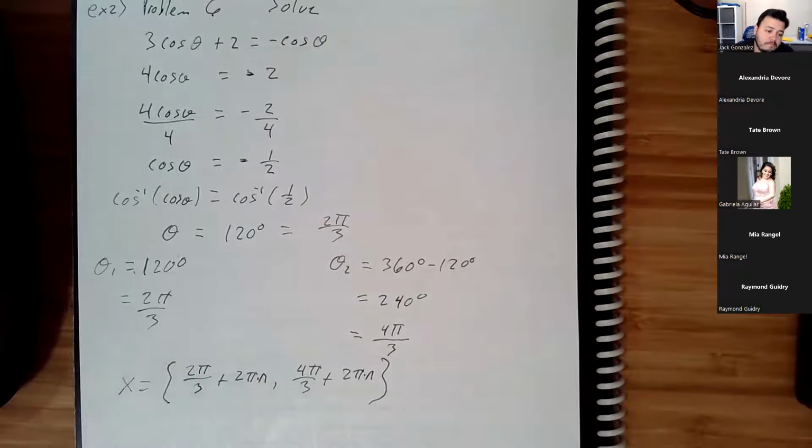Okay. Sorry, I'm spacing out. All right, example 2, move on. Okay, oh, it's still blurry, but all right.